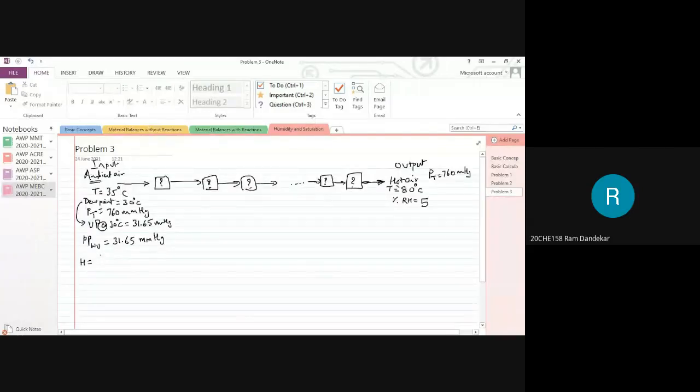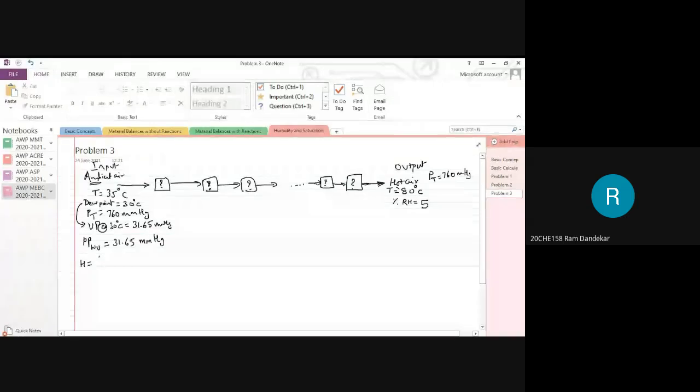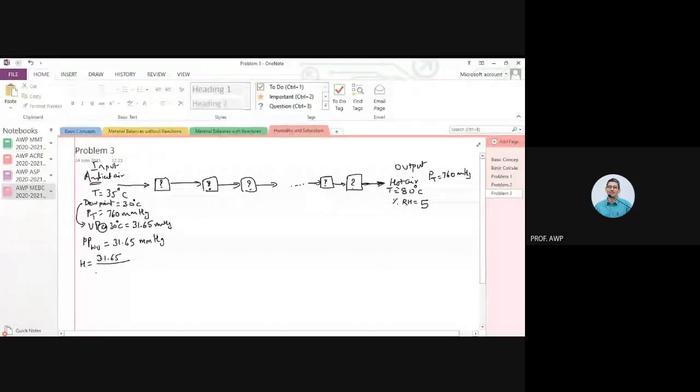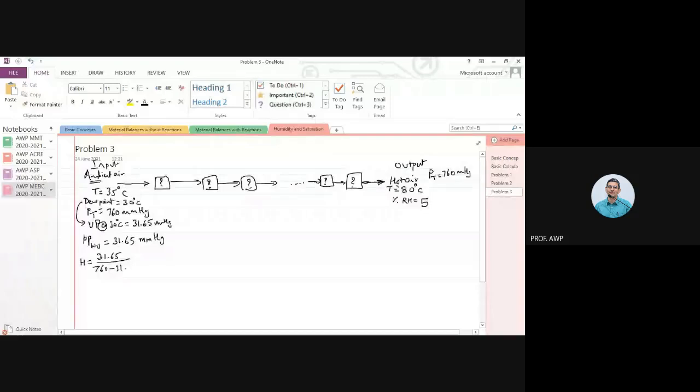Then we know the partial pressure of water vapor, and we also know the total pressure. From the formula, we get partial pressure upon total pressure minus partial pressure, so 760 minus 31.65. This will give you moles of water vapor per mole of dry air.